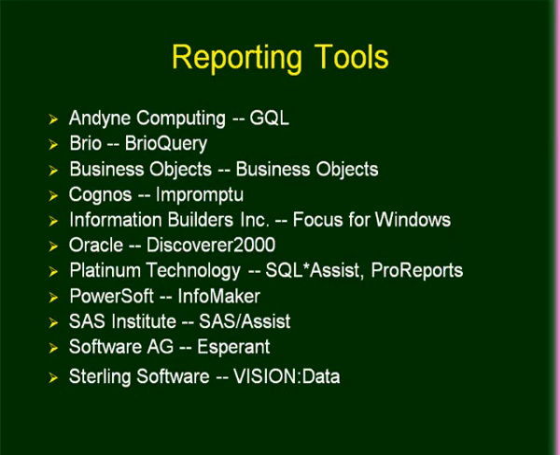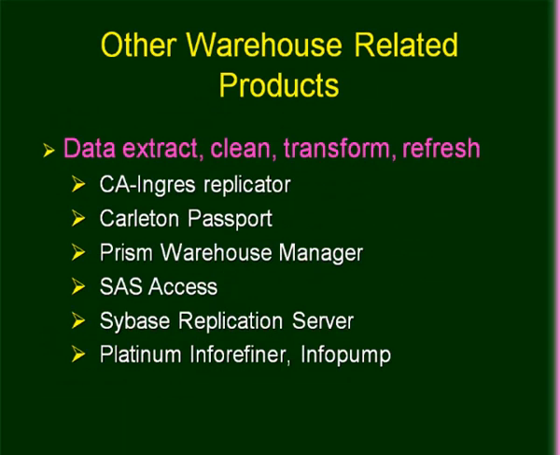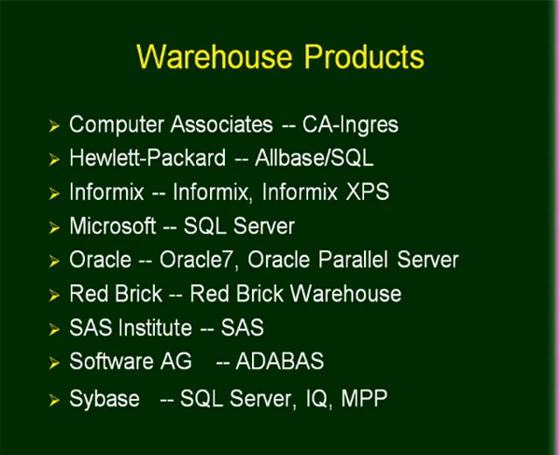Different kinds of reporting tools are shown on the slide: BrioQuery, Business Objects, Impromptu, Focus for Windows, Discoverer 2000, etc. These are the reporting tools. Then warehouse related products are basically used to extract the data, clean the data, transform the data, refresh the data, etc. Computer Associates Ingres Replicator, Carleton Passport, SAS Access, Sybase Replication Server, Platinum, Informatica, etc. They all belong to warehouse related products.